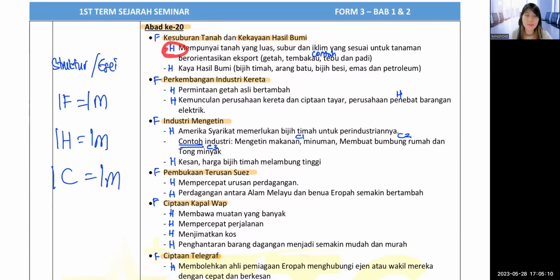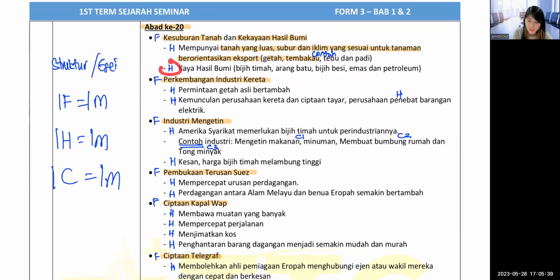Okay, the huraian namely, because our land is wide, subur. So here you can put it as tanah yang luas, subur dan iklim yang sesuai untuk tanaman berorientasikan ekspor, 1 huraian. Then getah, tembakau is a contoh, another 1 mark. You see 1 mark, 2 marks, 3 marks. Yeah, like that, 3 marks.